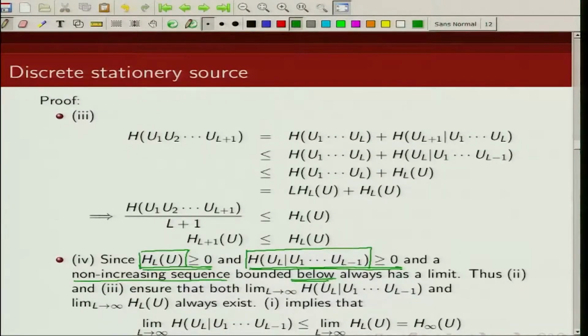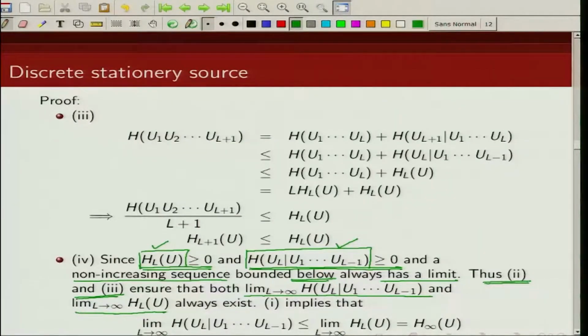If you have a non-increasing sequence which is bounded below, then as L goes to infinity, it always has a limit. So from properties 2 and 3, which say that this particular term and this particular term are non-increasing as L increases, this ensures that when L goes to infinity, both these terms have a limit which exists.